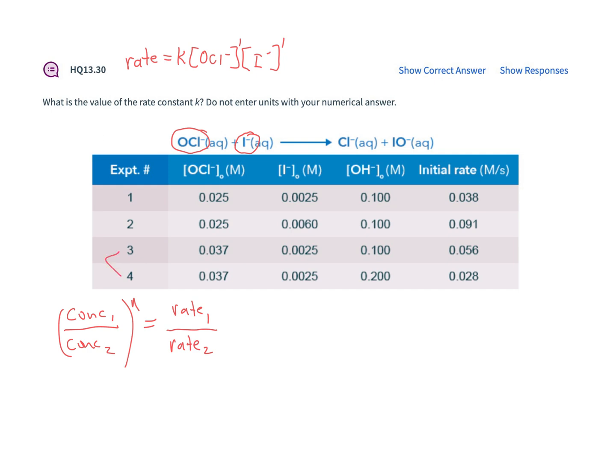Again, we use experiments 3 and 4, because we only want one variable to change.